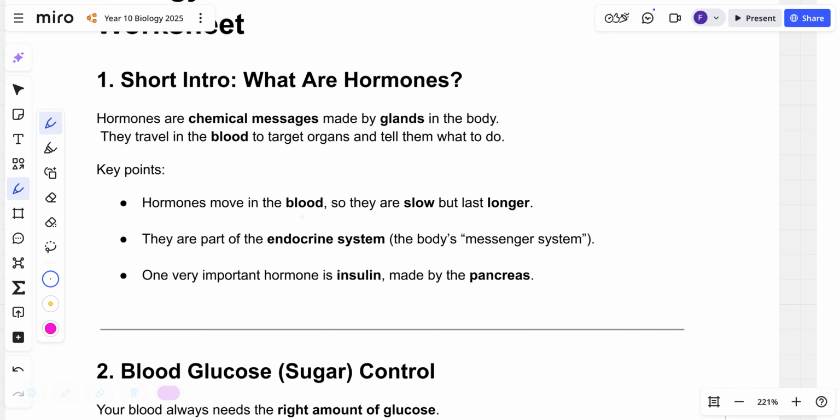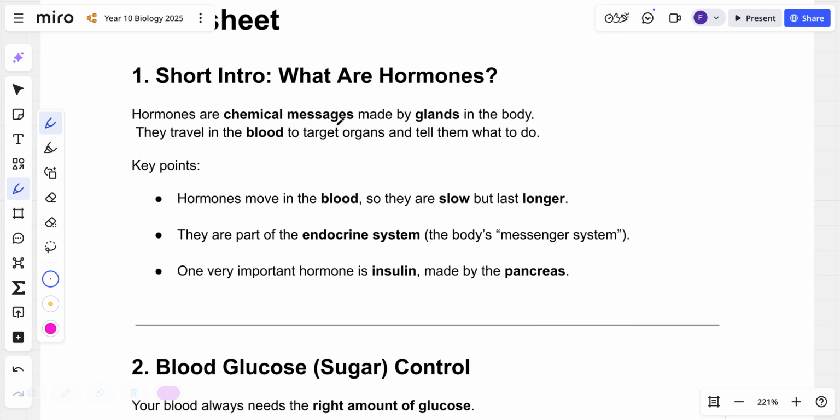All right, now, so what controls whether it's broken down or built up are hormones. The way that I think it's really important you understand is there are two types of messages in your body. One's your nervous system that we looked at, that is fast and exceptionally quick. The other is chemical. Chemical messages are hormones, and they're made by glands in the body.